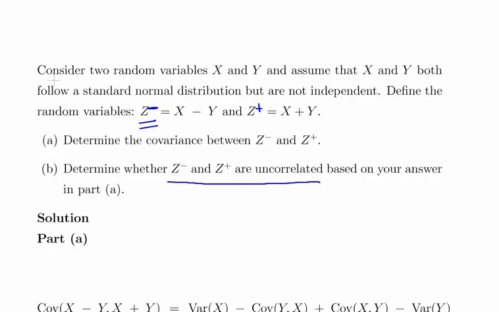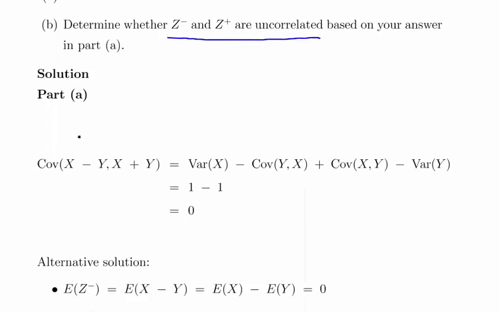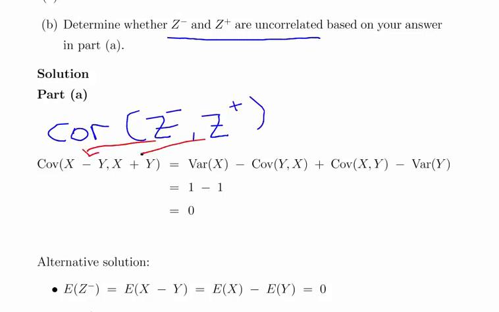So what we're going to do here is look at the covariance of z1 or z minus and z plus, which is essentially the difference of the two and the sum of the two. We're just going to expand this expression out.